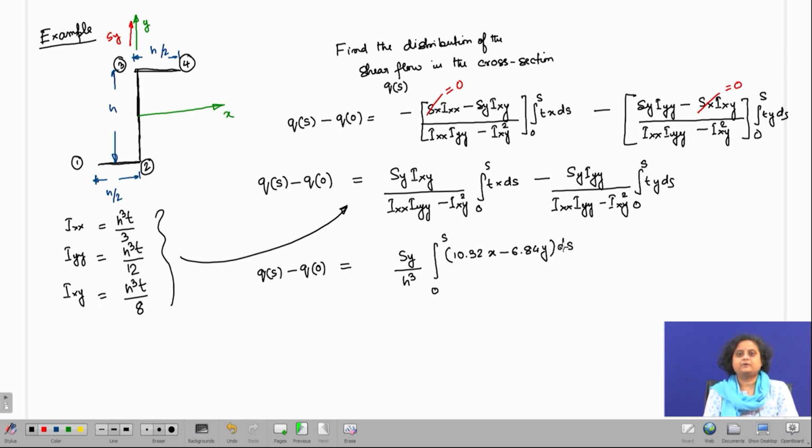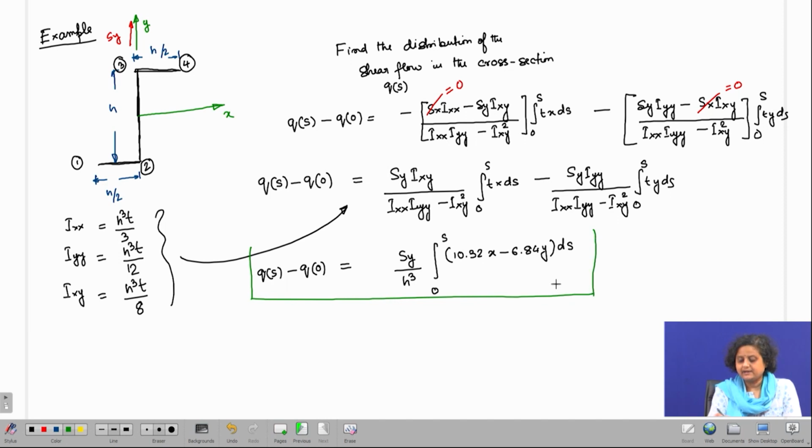So, this is the expression that we will get by substituting the values of Ixx, Iyy and Ixy into the above expression.